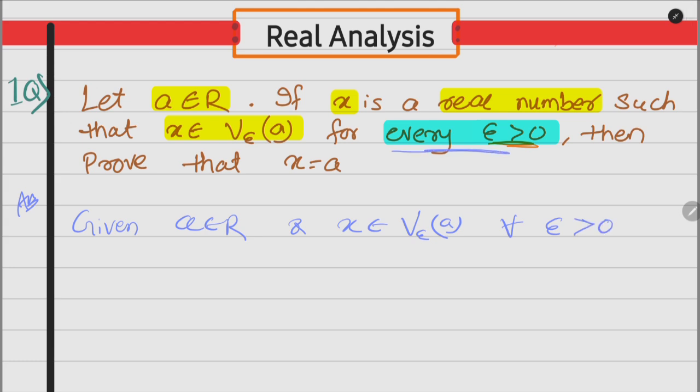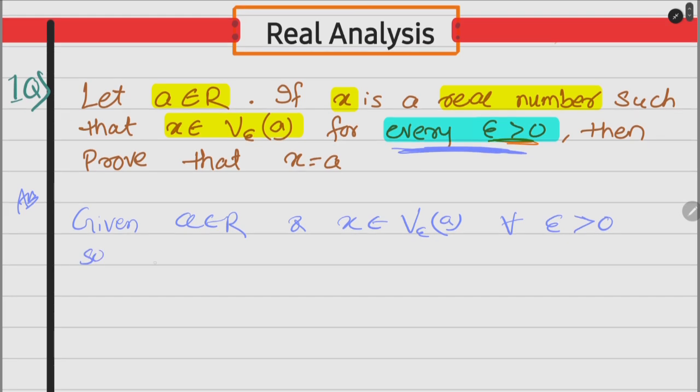This is the most important thing. Okay, so we can write x belongs to R. We know x is a real number. We know x belongs to R. So for x, what we can write? A minus epsilon less than x less than a plus epsilon, isn't it?